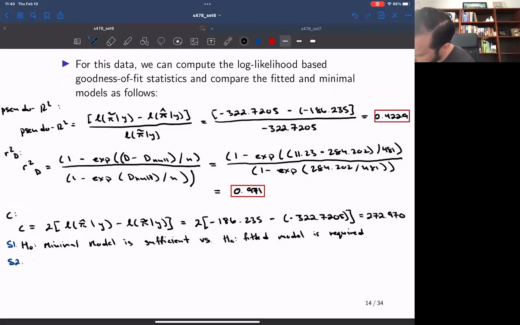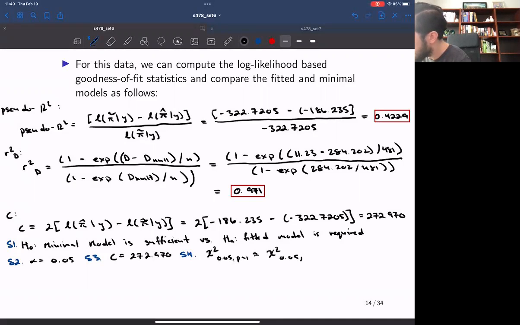So then on step 2, if we declare a 5% significance level, then on step 3, we have C equal to 272.970. Okay, so on step 4, we would have a chi-square on 0.05 and p minus 1, which is a chi-square on 0.05 and 1 in this case, because the fitted model has 2 parameters, beta 0, beta 1. So 2 minus 1 is 1.